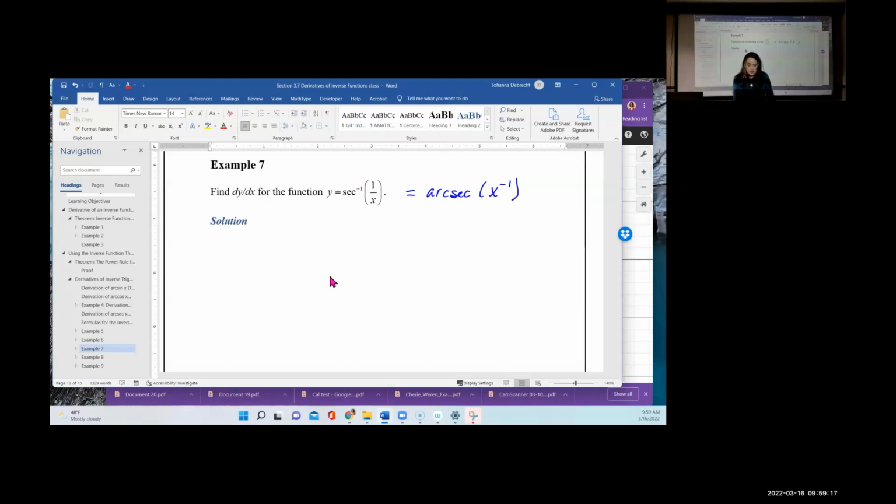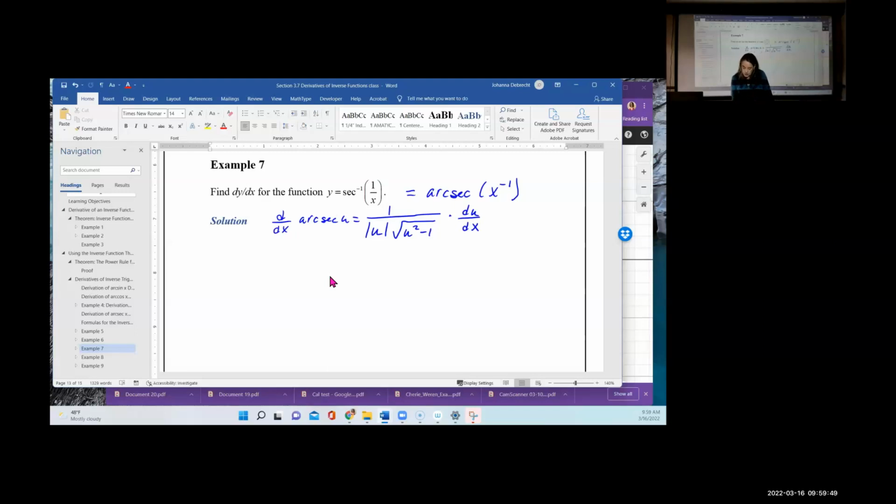So our formula for arcsecant is the derivative with respect to x of the arcsecant of u is equal to 1 over the absolute value of u times the square root of u squared minus 1 times the derivative of the inside function, du dx. And that, of course, is the chain rule built in.